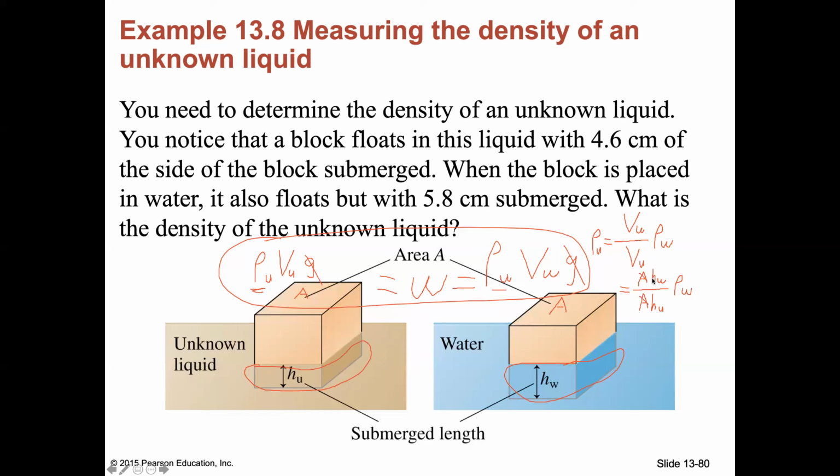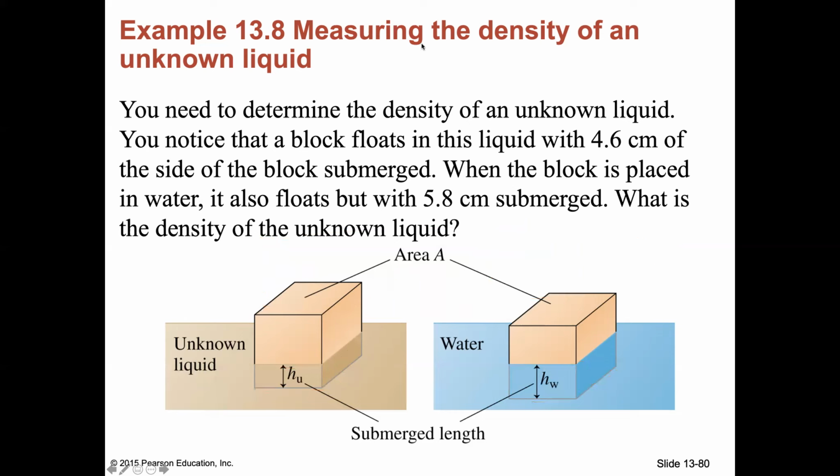Then you get H water over H unknown times rho water. Then you can calculate the density, because you know HW, you know HU, you know rho water. So this is a way of calculating the density of an unknown liquid.